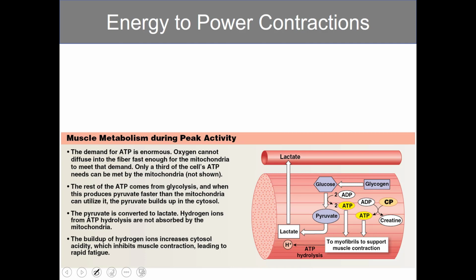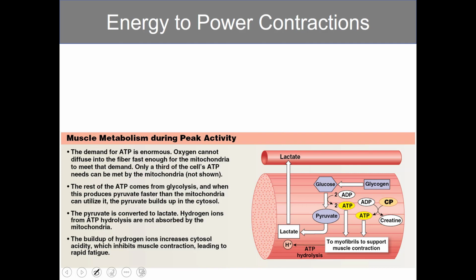And then we move to peak activity. At this point, the cell is requiring a tremendous amount of ATP, and oxygen cannot diffuse into the skeletal muscle fiber fast enough for the mitochondria to maintain aerobic metabolism. Only 1/3 of the cell's ATP needs can be met by the mitochondria.